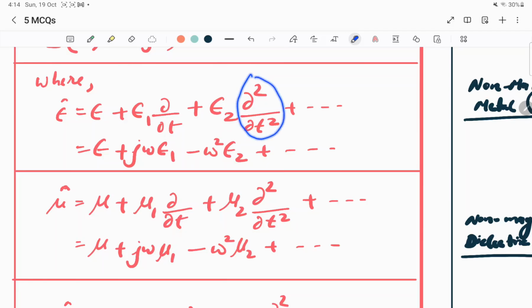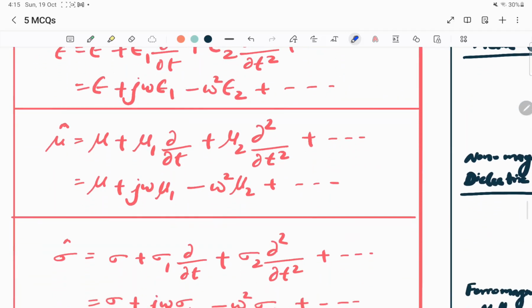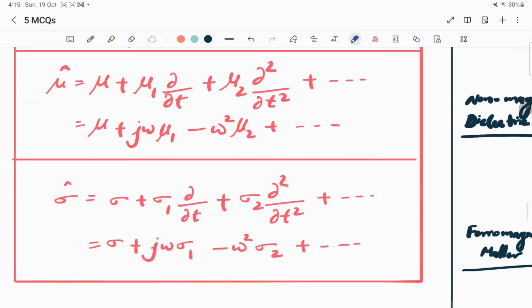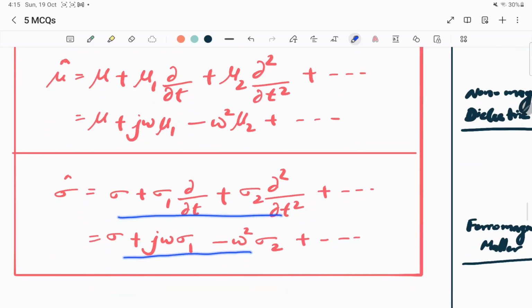Here two derivatives are present, del square by del t square, so j omega whole square is equal to minus omega square. That is why we have minus omega square present over here. Similarly, mu cap is also given by this relation and sigma cap is given by this relation.